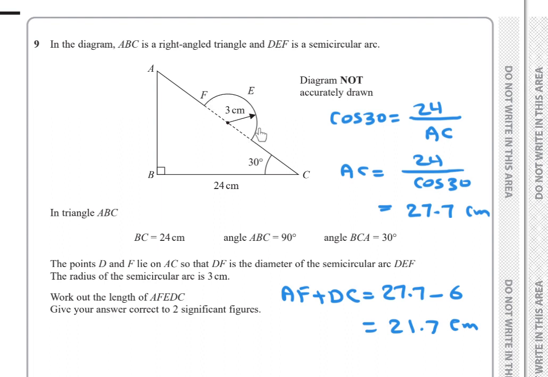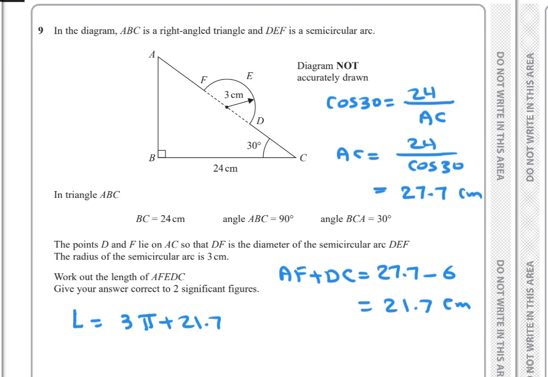The circumference 2 pi r, divide by 2, so pi r. We have the radius 3, so 3 pi. So the arc FED equal 3 pi. Now to find the length, add 3 pi plus 21.7 equals 31 centimeter to 2 significant figures.